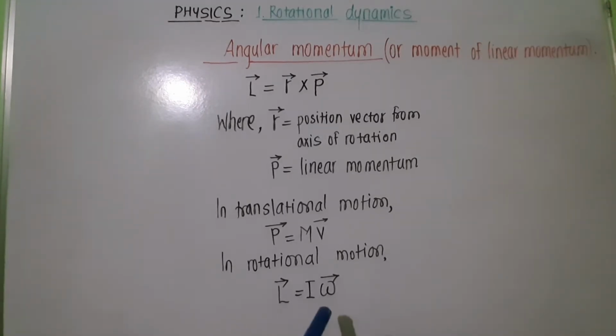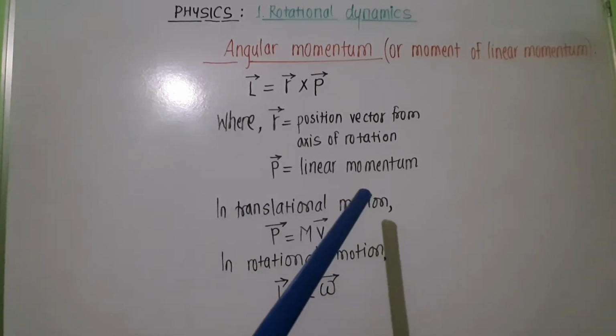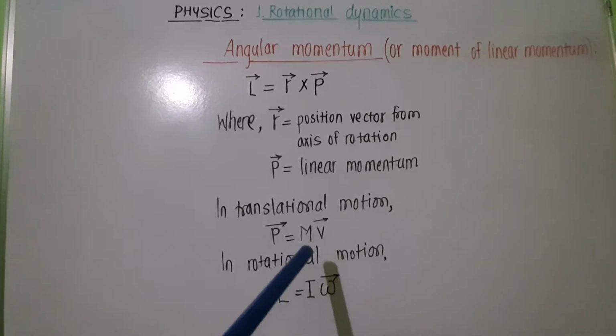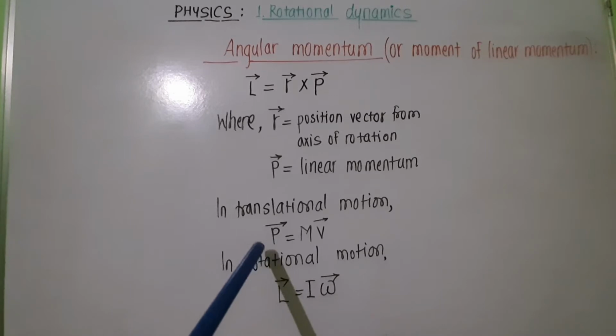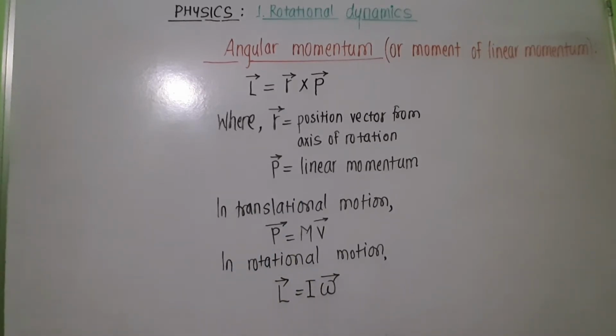We know that angular velocity in rotational motion is similar to linear velocity in translational motion. Moment of inertia in rotational motion is analogous to mass of a body in translational motion. Same way, angular momentum of a rotating body is analogous to linear momentum of a body in translational motion.